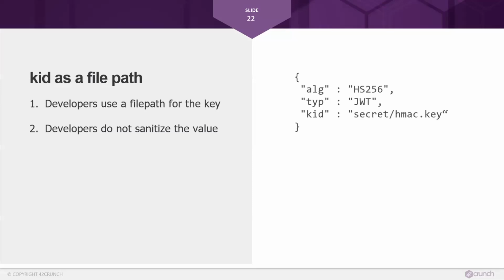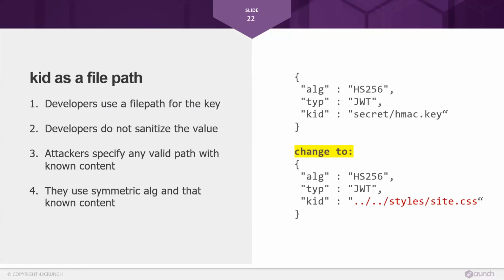This one is a nice one. The point is that when you reference a key in your JWT header, you've got a key ID reference. The key ID reference should not be, but it might be, a file path for the key in some cases, which is not something that you should do, but we can find that in the wild.